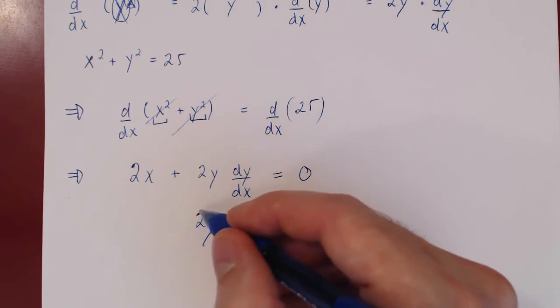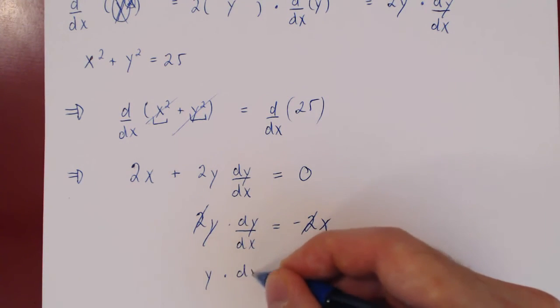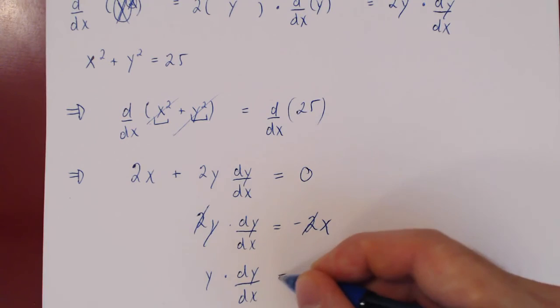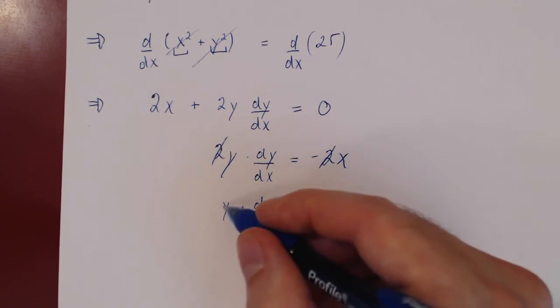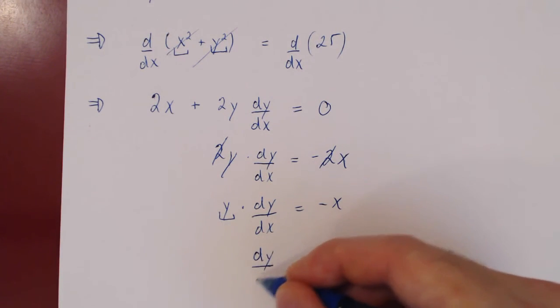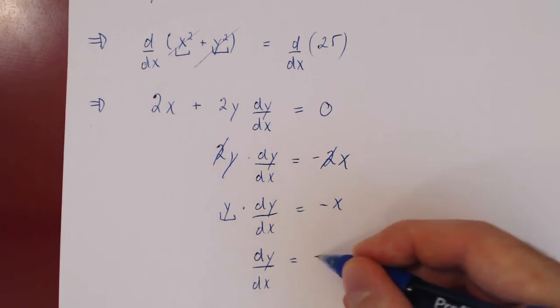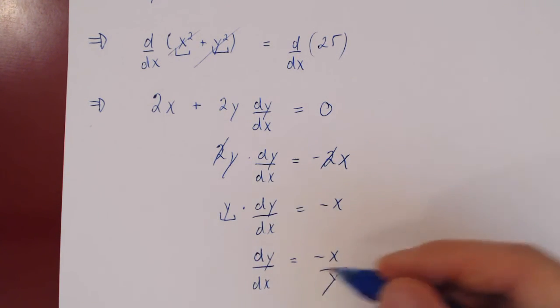You can cancel a 2 from both sides, and you're left with y times dy over dx is negative x. And finally, divide both sides by y, and what do you get? dy over dx is negative x divided by y.